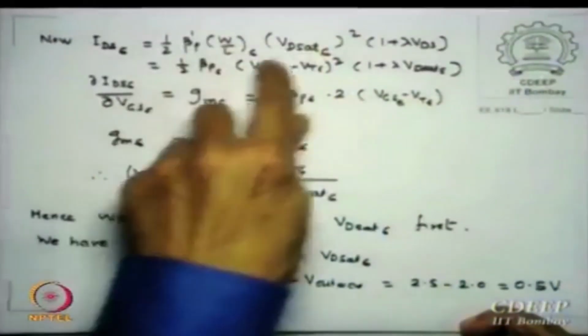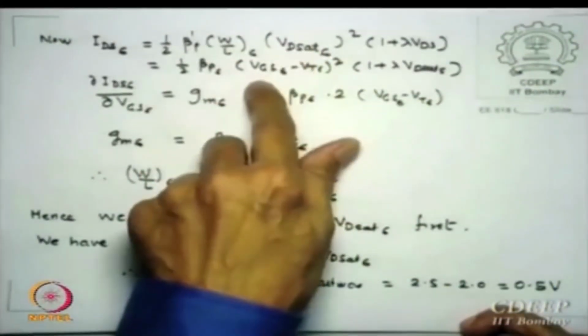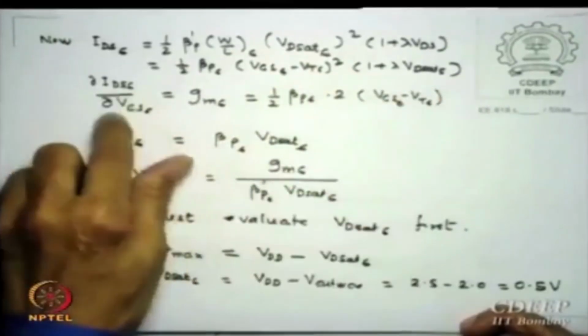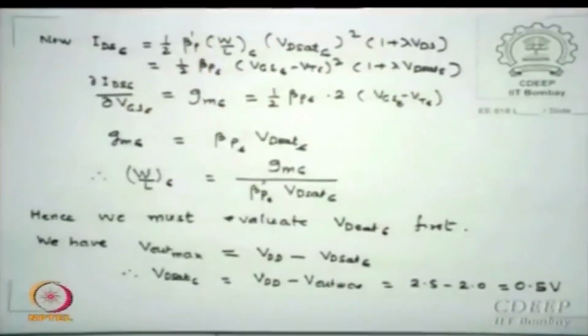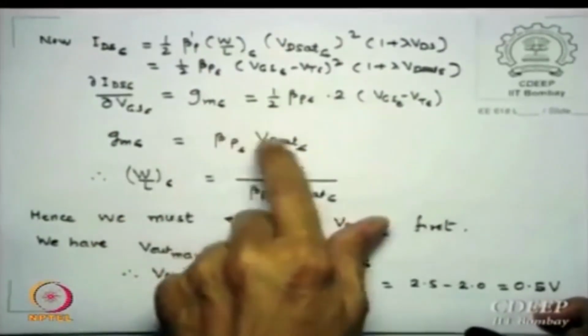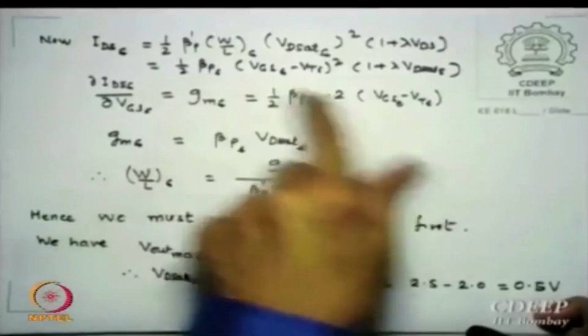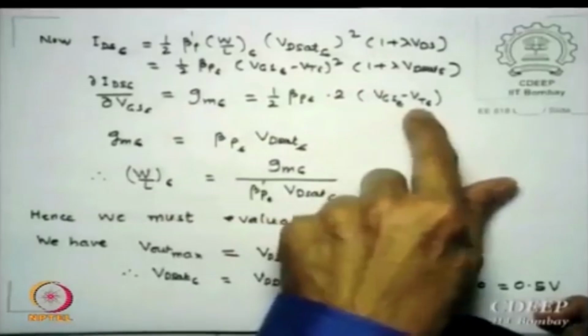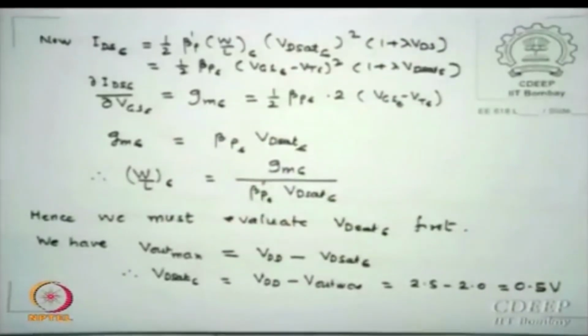To do this, I do a little trick. I write the IDS 6 expression, which is half beta p dash W by L. Instead of this, I write VGS 6 minus VT 6 square into this, and differentiate. So I get GM6, half cancels, 2 cancels, so beta p 6 into VGS minus VT, but that VGS minus VT is VD sat.